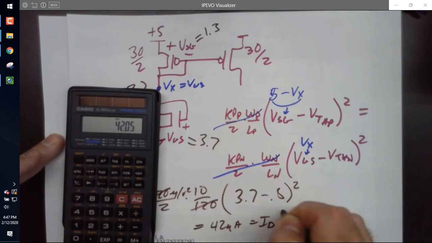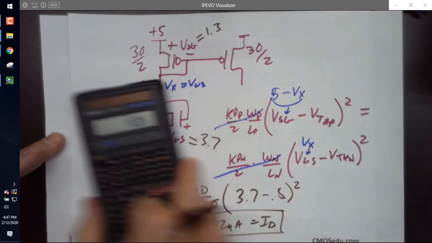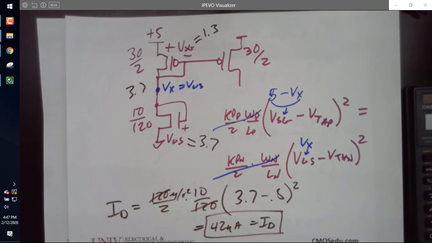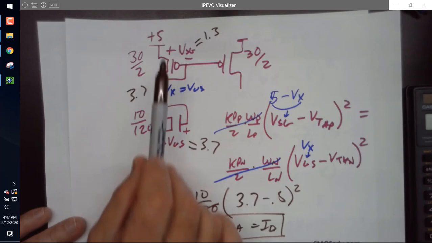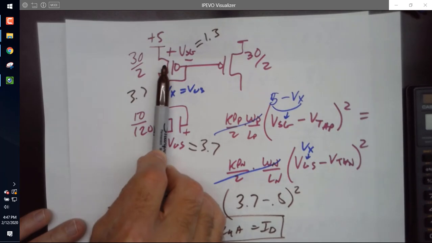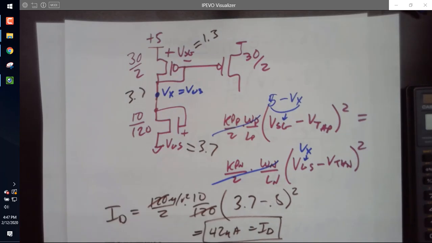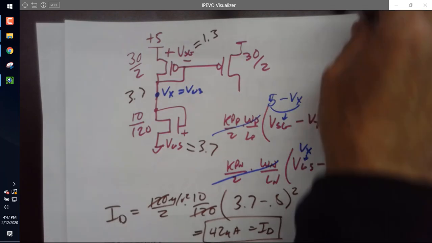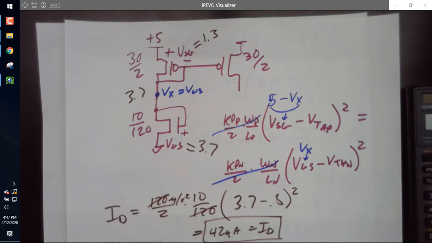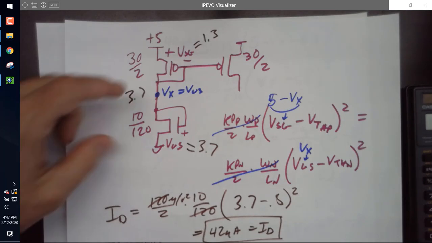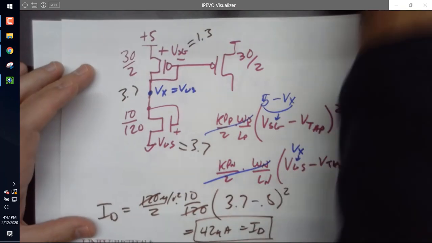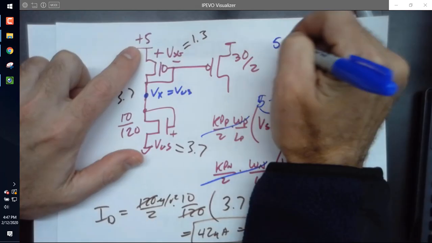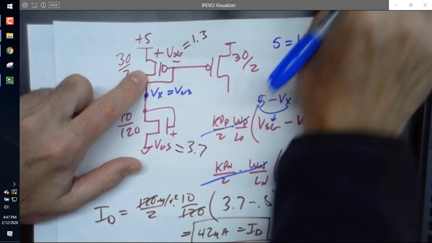Okay, so everybody see how I did this. If I were to give you something like this, or a resistor here with the PMOS, or an NMOS with a long L PMOS, everybody could do these problems, right? Yes. So you had a different way of doing that? Yeah, the way I was going to do it was the summation of, here, I'll just write it down. I was going to write 5 equals VSG plus VGS.